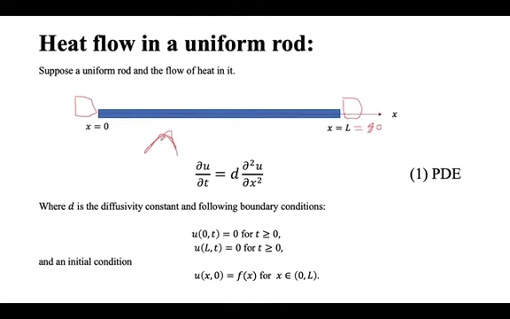If this is the curve, the heat is above here, where the temperature is 100. This will come down with time, it will take some time, 3 or 4 seconds or 10 seconds, and finally this curve will be like this.